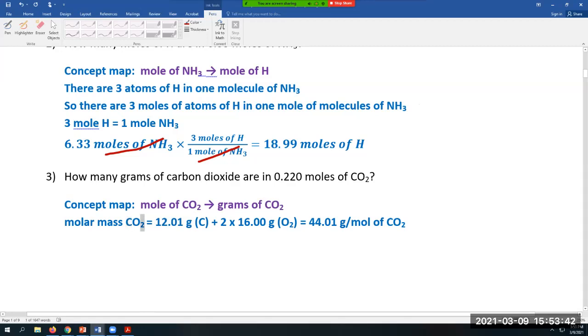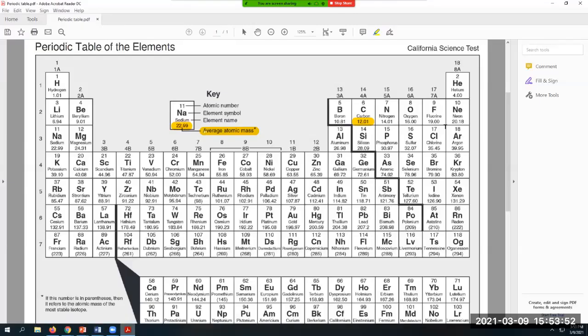Then you take 2 times, because you have 2 oxygen per formula. So 2 times the molar mass of oxygen, and that's 16.00 grams. And these numbers come from the periodic table, right? 16.00 for oxygen and 12.01 for carbon.